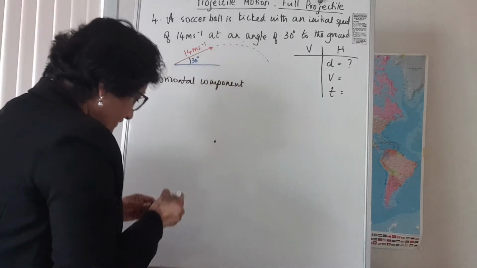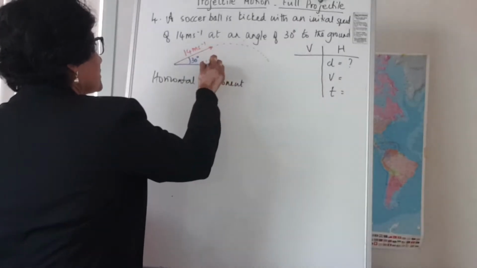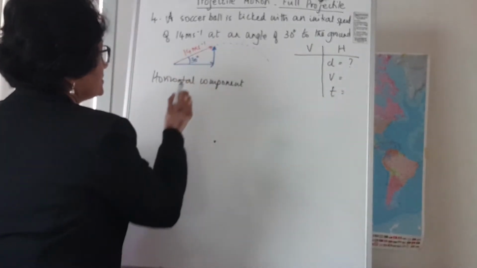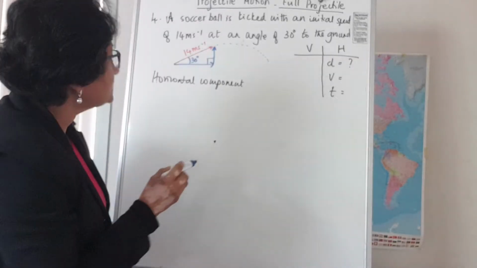The way we do this is we resolve that red into two components. That's the horizontal component, that's the vertical component. The horizontal component is adjacent, that's the hypotenuse. Here's your right angle.